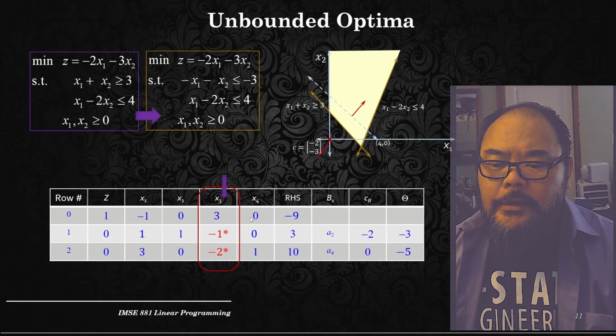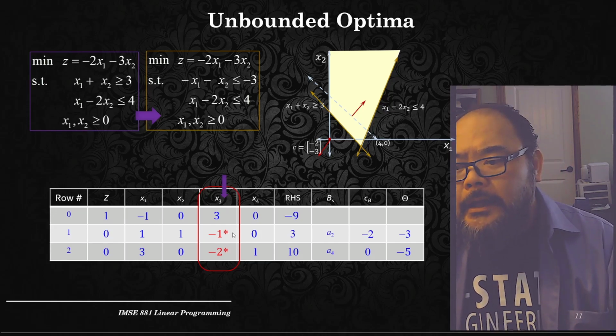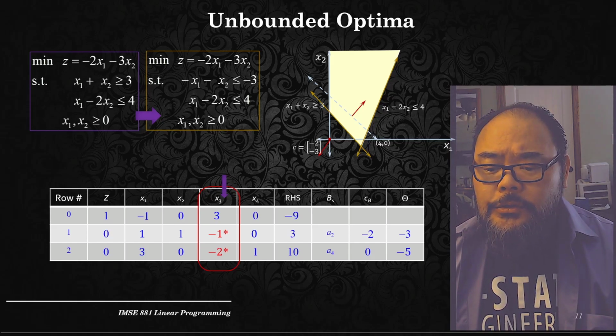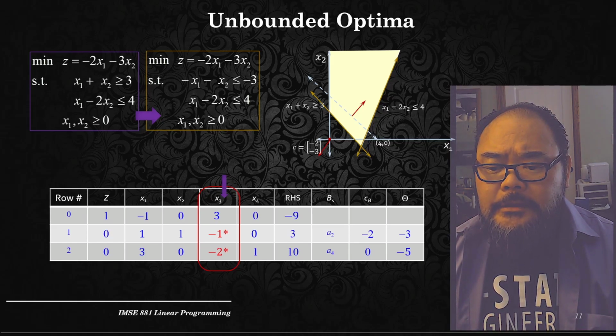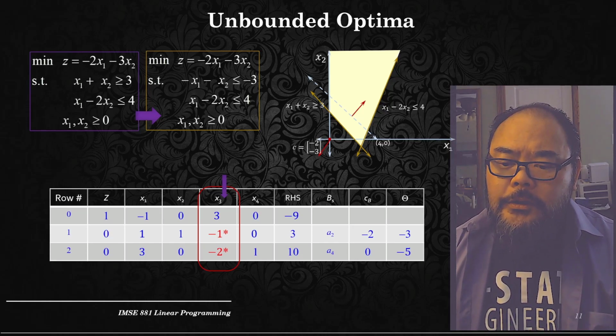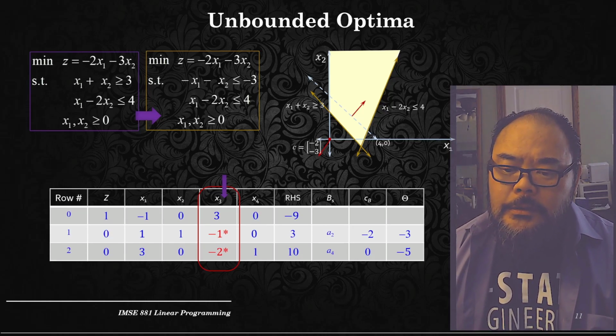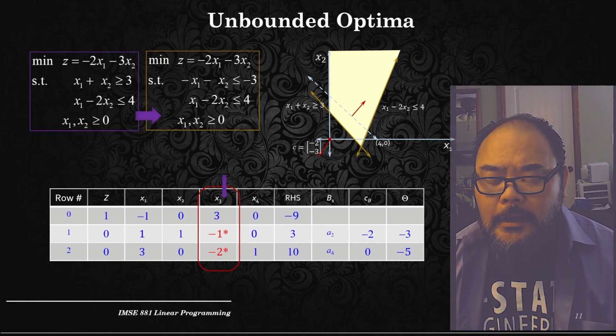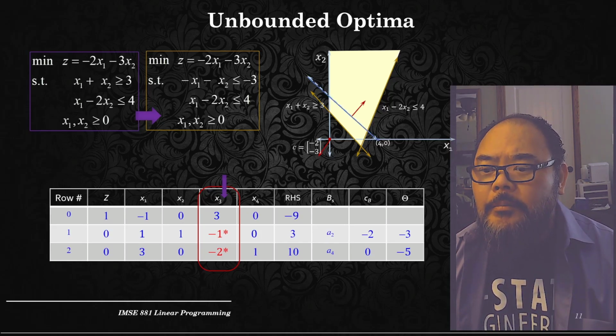So when x3 comes in, we will never violate the non-negativity constraints for x2 and x4, even if we increase the value of x3 indefinitely. This is the situation where we identify that we have an unbounded solution.